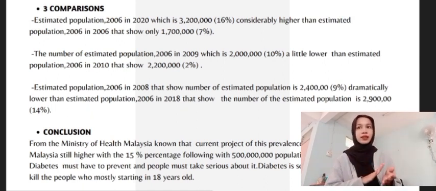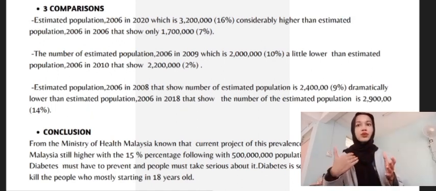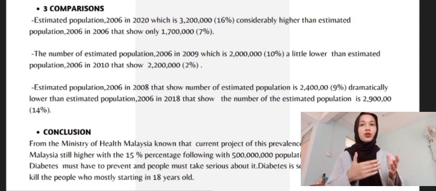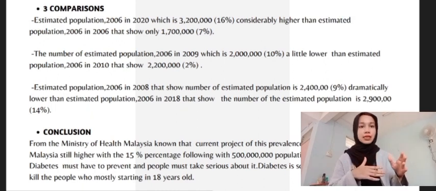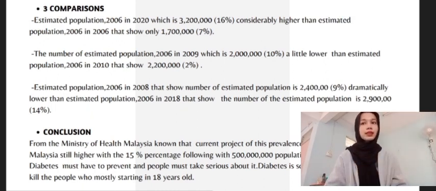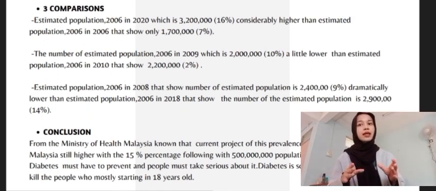And the second comparison, the estimated population 2006 in 2009 is 2 million in percentage 10%, a little lower than the estimated population 2006 in 2010 that showed 2,200,000 in percentage 2%.